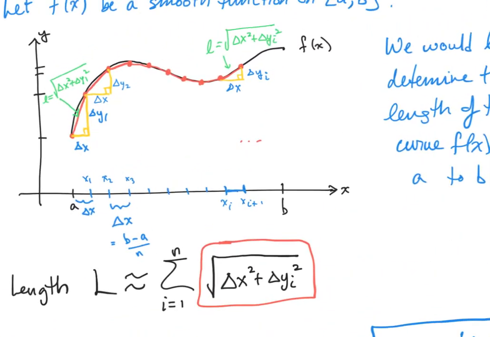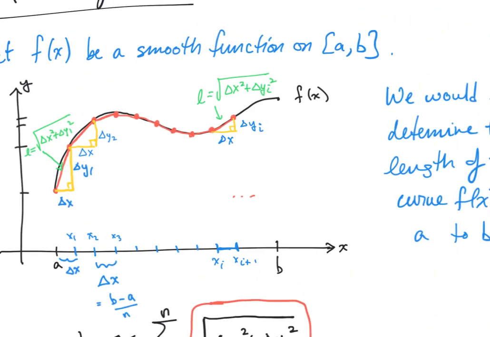It's the slope of the secant line, right? So that's the change in y over the change in x, which is just the slope of the secant line.